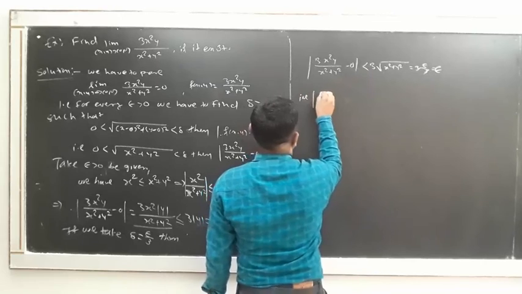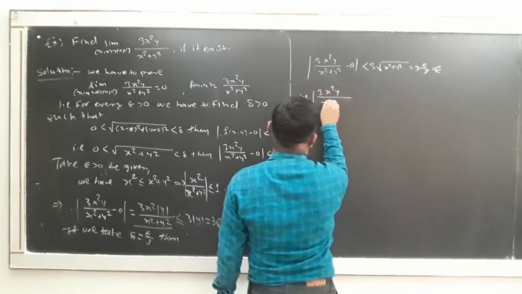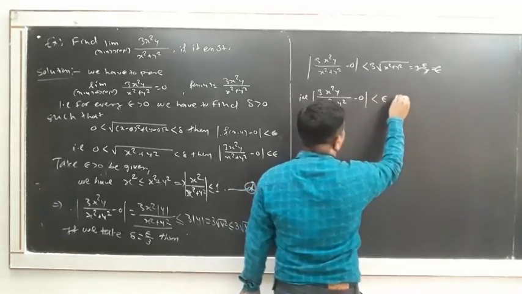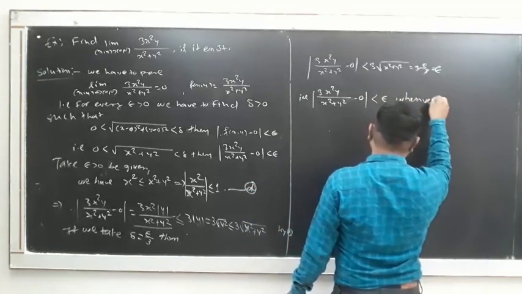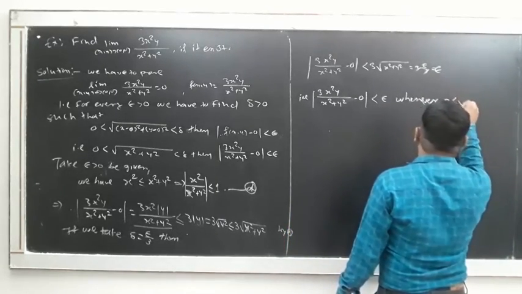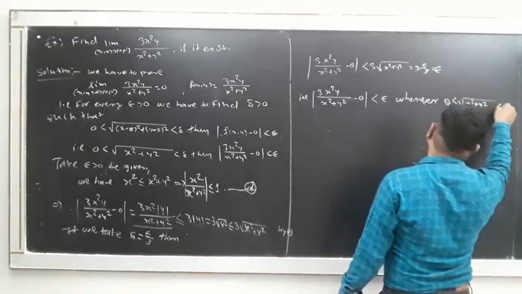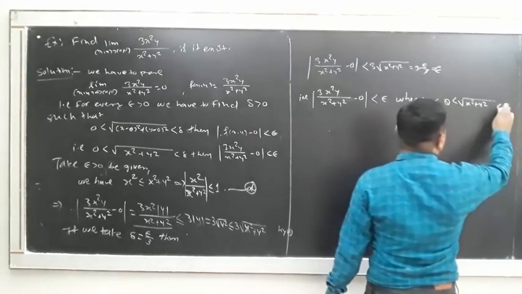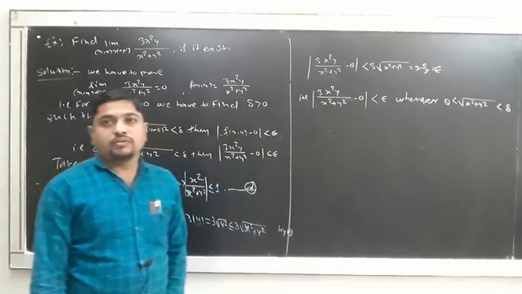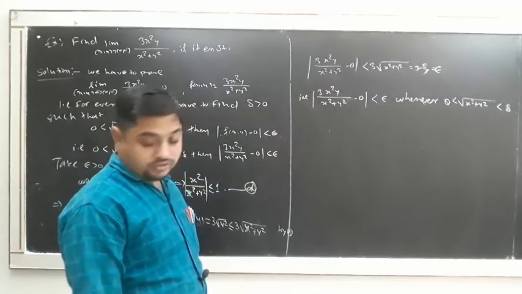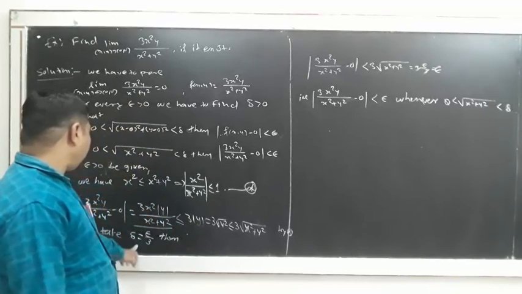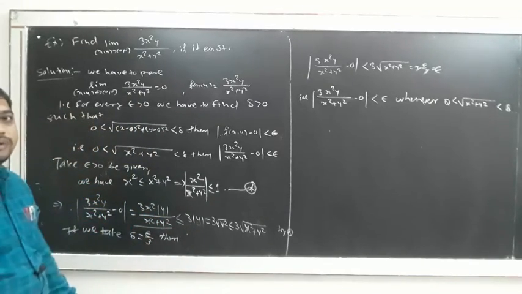That is, the mod of 3x square y upon x square plus y square minus 0 is strictly less than epsilon whenever 0 is less than the square root of x square plus y square, which is less than delta. Therefore our problem is finished. What is important here is that we have to take delta equal to epsilon by 3.